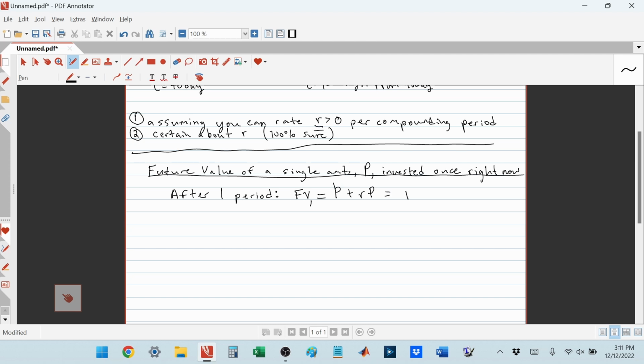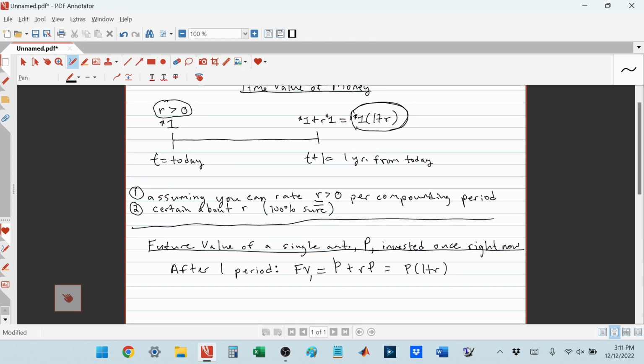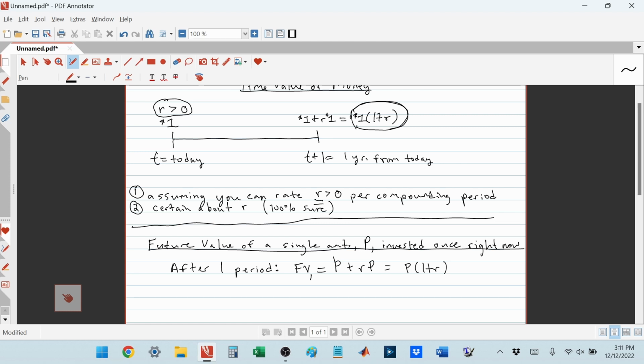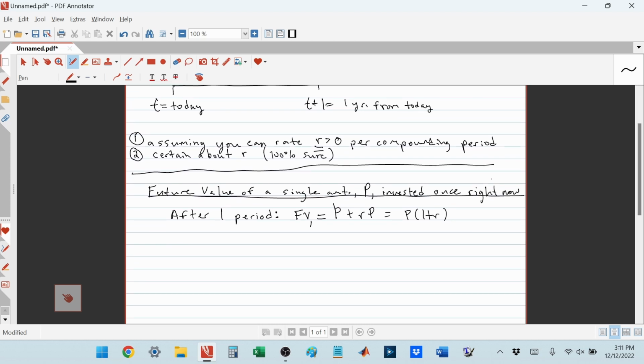So the account would be worth this, just using the concepts up there. In this case, instead of $1, we're just saying P in general. Now P could be $1, it could be $50. But in general, if you put P dollars in at the beginning of the first period, aka right now, then at the end of the first period, the account will be worth this much.